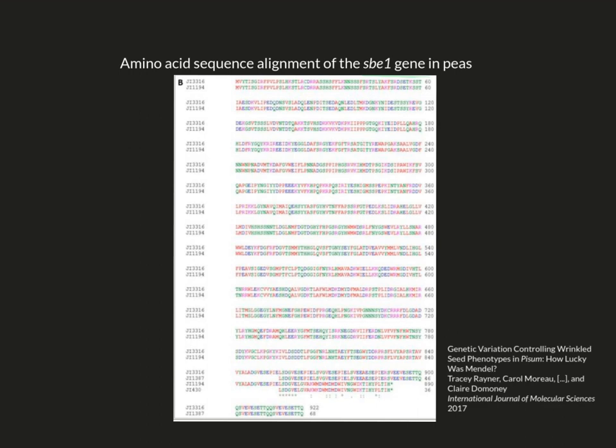And now, I hope that some of you are wondering, why are some alleles dominant over others? How do these different alleles confer different phenotypes? And what you're seeing here is an amino acid sequence alignment of the SBE1 gene in P's. This is a starch branching enzyme that is actually responsible for whether the P is round or wrinkled. And as you can see, for at least most of this sequence alignment, we're comparing two sequences.